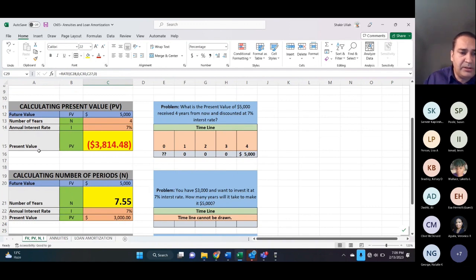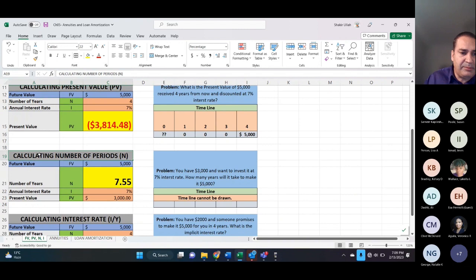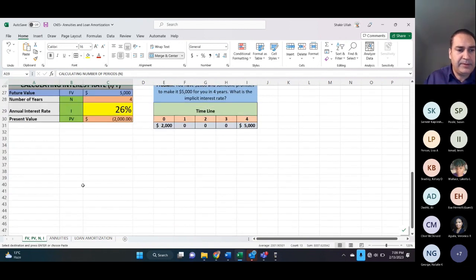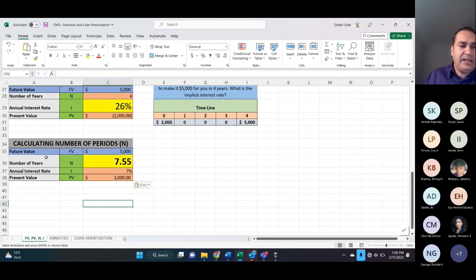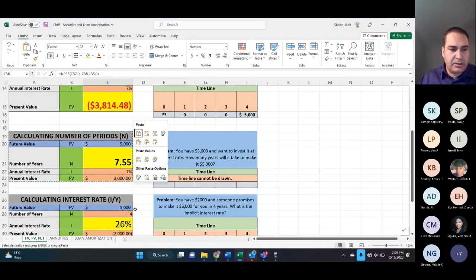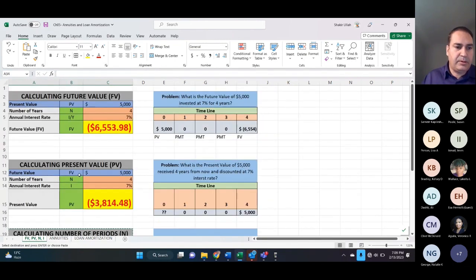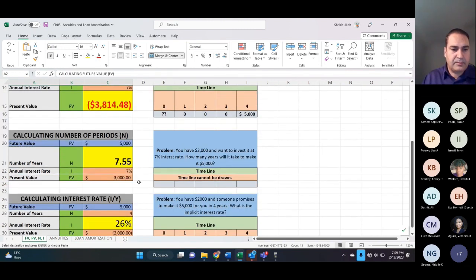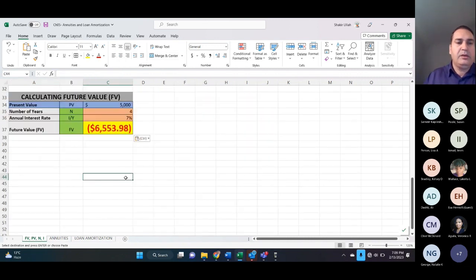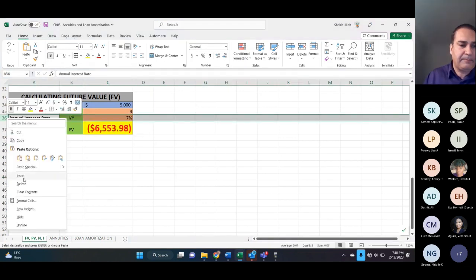Let me copy the future value. Control C. Now, here's the thing, the number of years is 4.